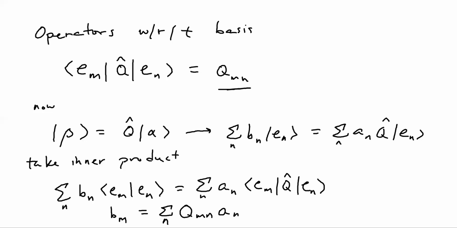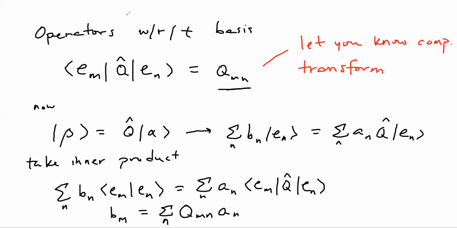So let's throw that in here, that little note. These matrix elements let you know how the components of one vector transform into the components of the other vector, right?